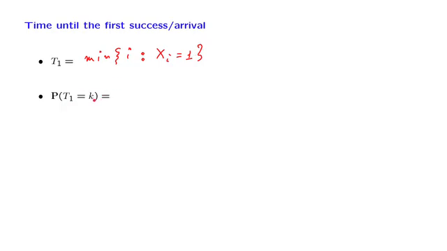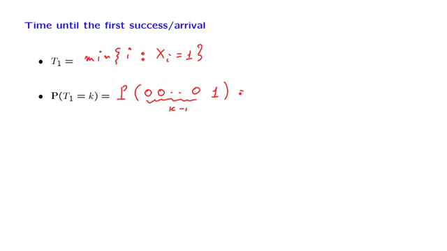The probability that the first success appears at time k is the same as the probability that the first k minus 1 trials resulted in zeros, and then the kth trial resulted in a 1.